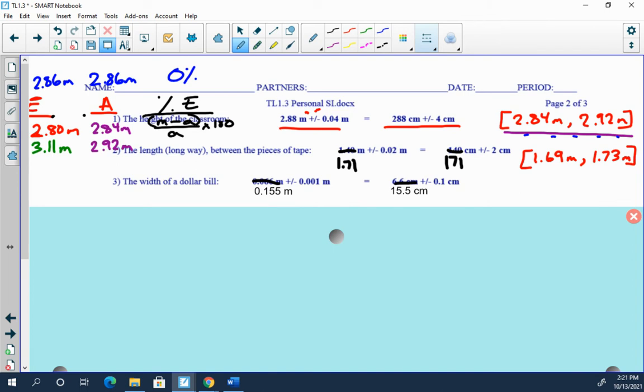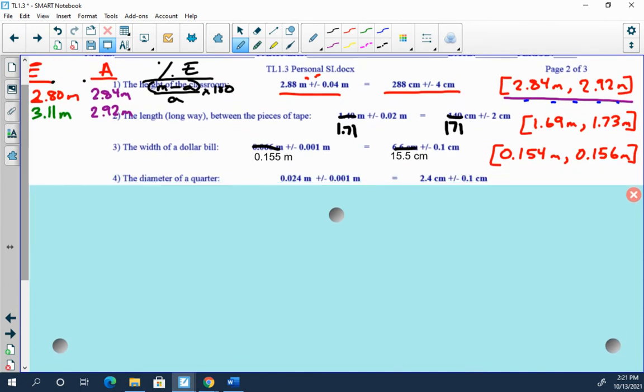The width of the dollar bill in meters, 0.155, which is 15.5 centimeters. The range, you only get 1 millimeter here. So you would go from 0.154 meters to 0.156 meters. There's your range. 15.4 to 15.6 centimeters. Hope you're doing well so far.